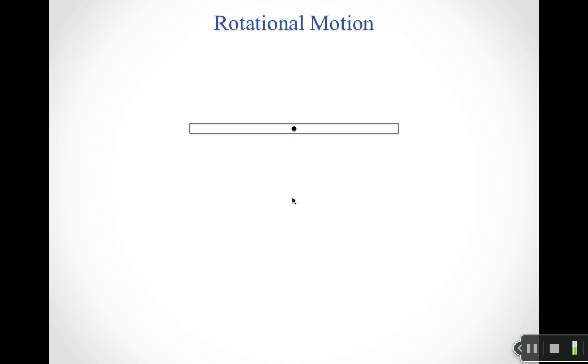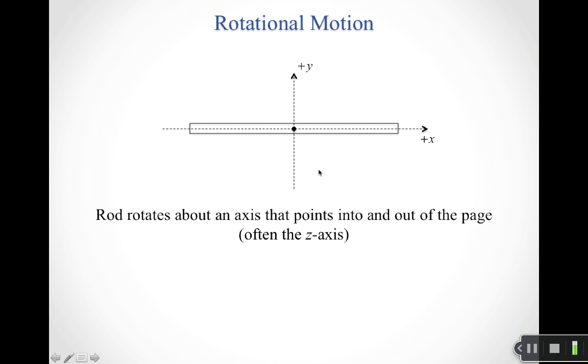One of the things we'll have to do here, which adds a layer of complication, is that I've drawn my rod in what we would traditionally call the XY plane, but it's rotating about an axis that points into and out of the page. The axis that goes in and out of the page, or in and out of the board, however we'll describe it, those mean the same thing.